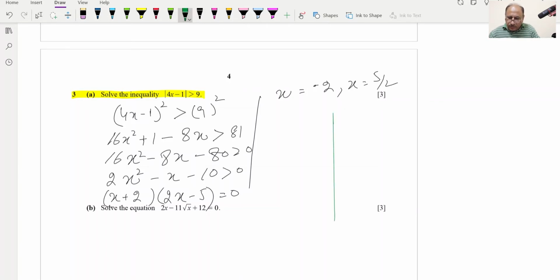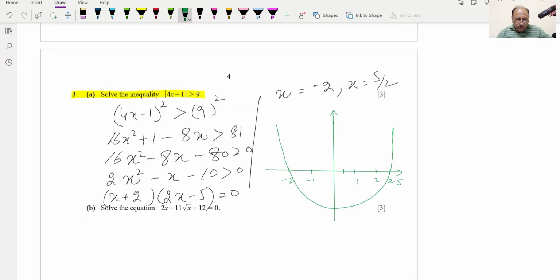This is a quadratic graph, so this one will be the quadratic, this will be the coordinate axis, and now we can take the values -2, so -1 -2, so this one and this side will be 5 by 2 will be 2.5, so 1 2 and 2.5 we can take over here, so it's passing through 2.5, and in between that one will be the middle point, so the curve is passing through this one and this one, which is a symmetric curve.